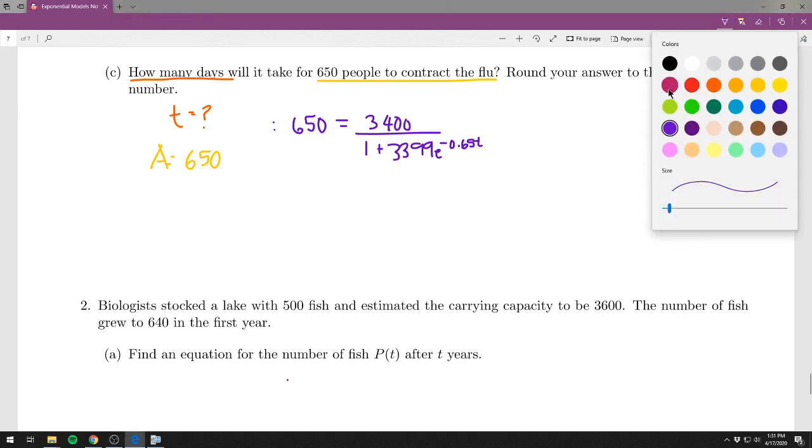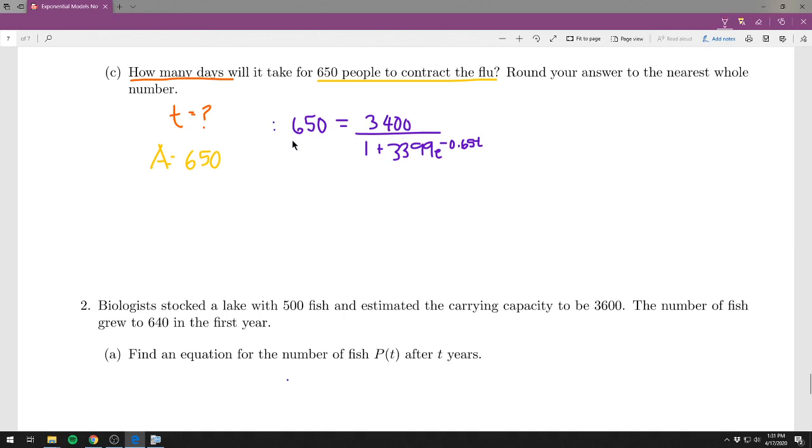Now, all you really have to do is realize that if you cross multiply, thinking about 650 as 650 over 1, it turns into one of the problems like last section. The numbers are a bit messier because it's supposed to be a real life type of problem, and real life numbers aren't very nice. But that's just the way it is.